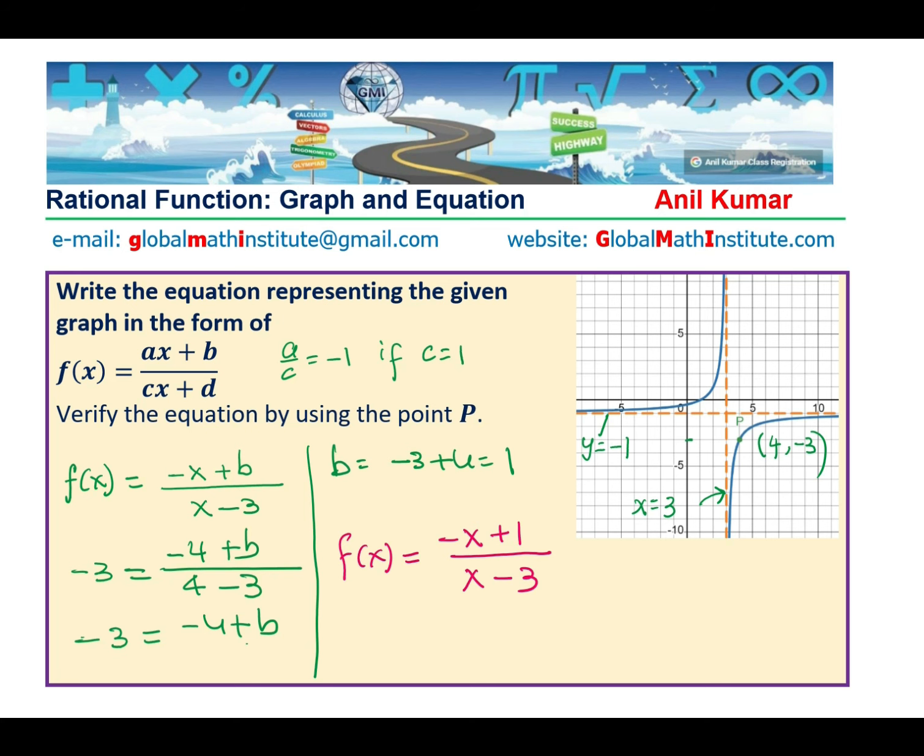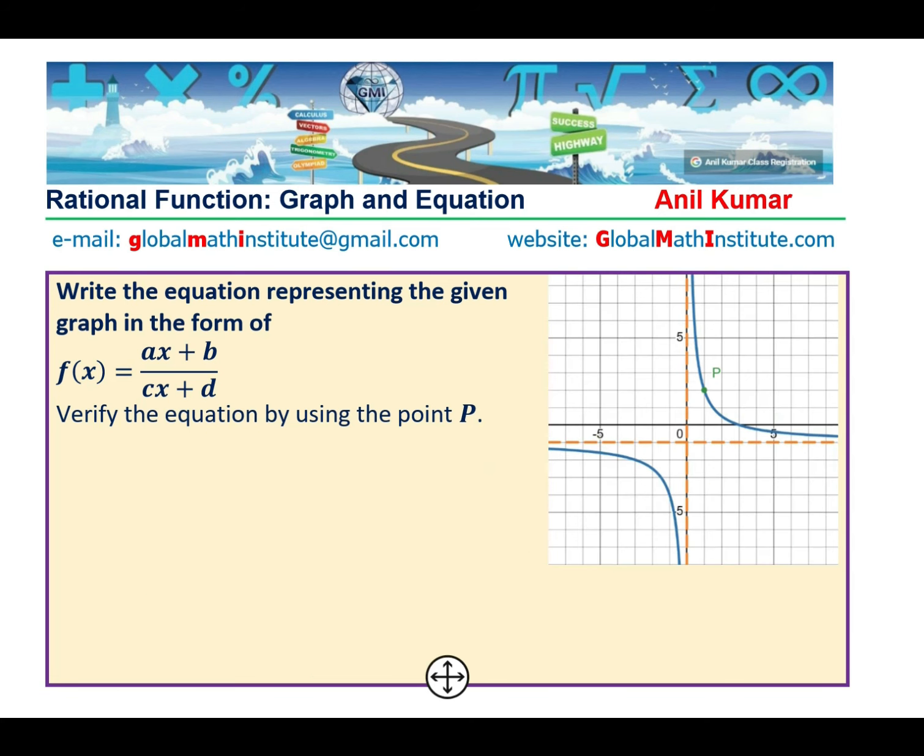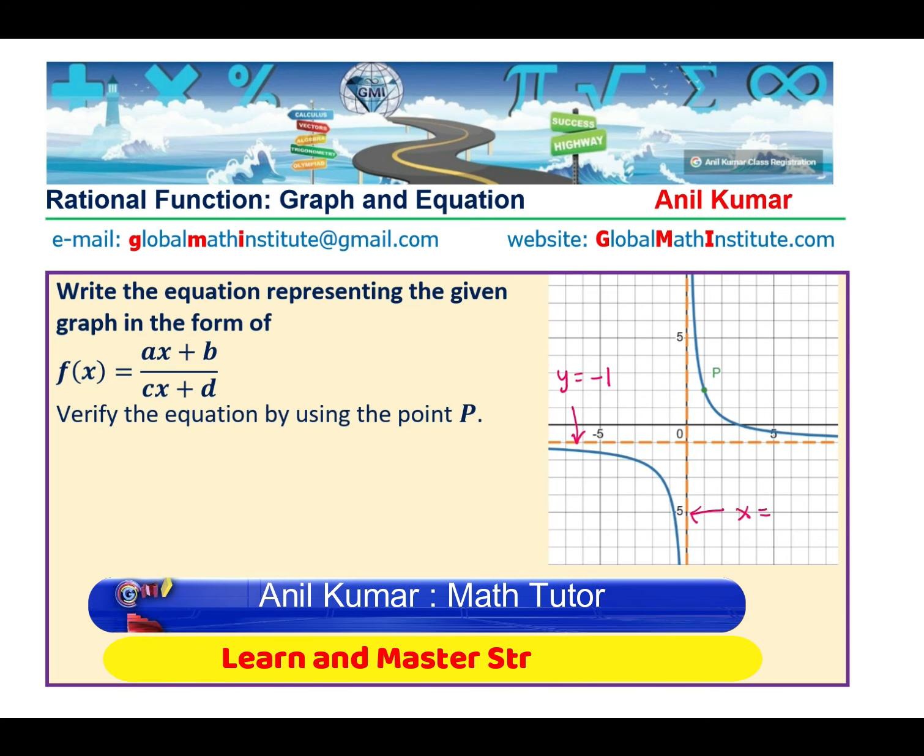Now, let's take up the second question, which will help you master this strategy. Once again, we'll follow the same procedure. We have a vertical asymptote here and the horizontal asymptote. We need to write their equations. The horizontal asymptote is y equals minus 1 and the vertical asymptote is x equals... sorry, 0, right? x equals 0.